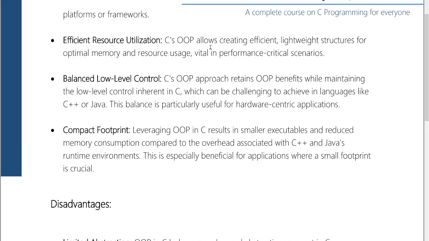This balance is particularly useful for hardware-centric applications, like writing for a temperature sensor, or the fuel sensor in a car. And then at the end, you have a compact footprint. This means you have smaller executables, which do not consume a lot of memory.